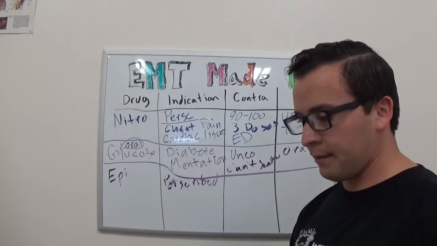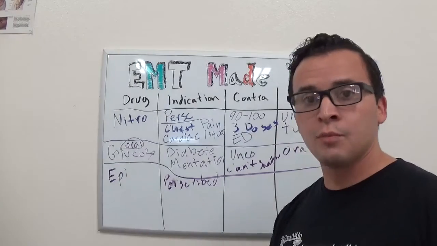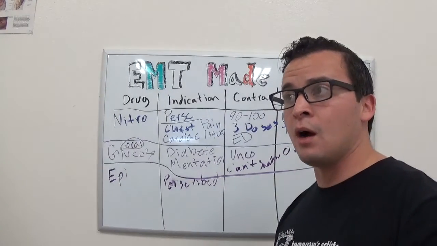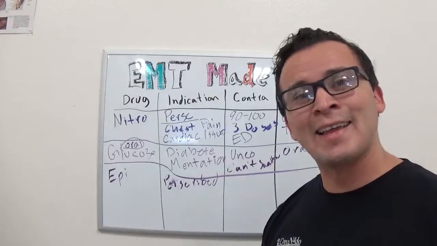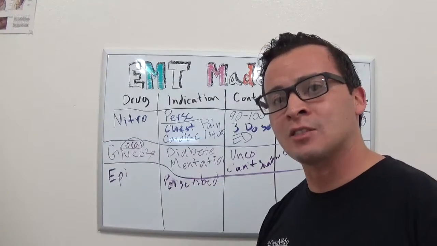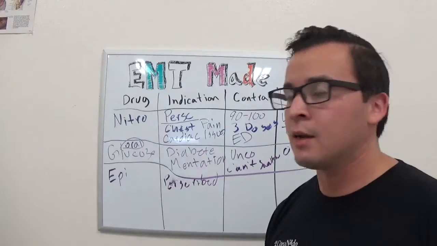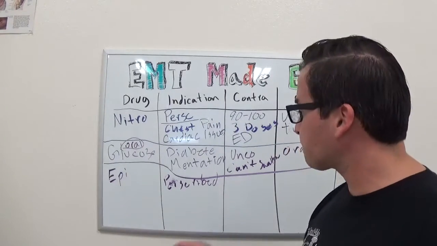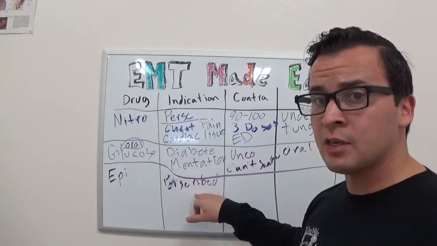Also, if they're having difficulty breathing, hives, a clear indication that they're having a severe allergic reaction, aka maybe also known as anaphylactic shock. It depends on which book you read again. So if your patient is going through anaphylactic shock, severe allergic reaction, it's okay to give it.